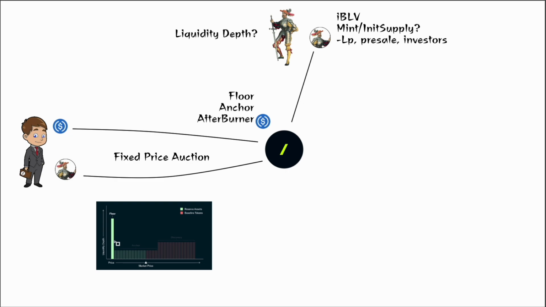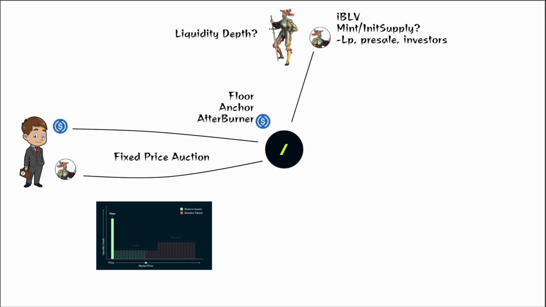If every single token outside in circulation gets sold, then this floor price will be depleted. So anyone who buys at market knows that it can never go below the floor price, because they will always be able to sell and get their share of this floor price, or some of this anchor if they sell earlier.